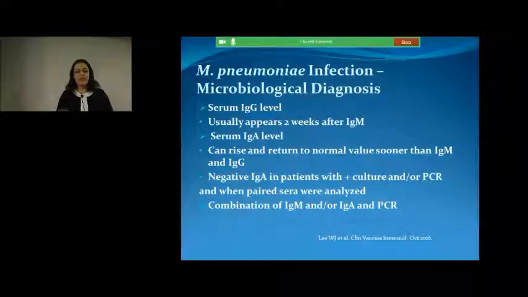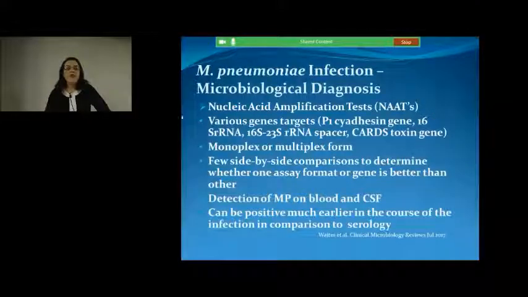A combination of IgM and/or IgA and PCR has been proposed as an optimal diagnostic approach. However, it is going to result in an increase in the costs of laboratory testing. PCR, so the NAT, uses various gene targets, including the P1 adhesin gene, the 16S rRNA, and the CARDS toxin gene.